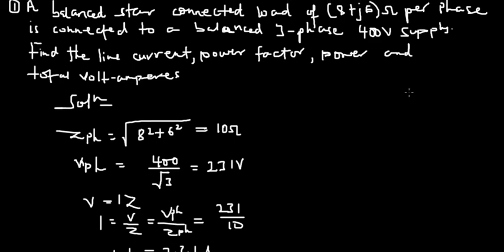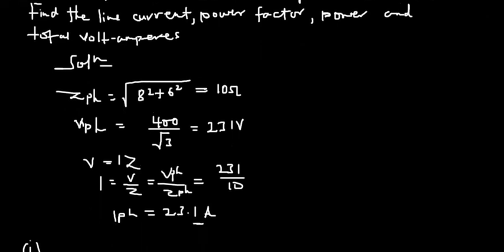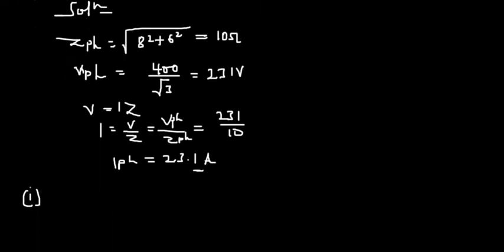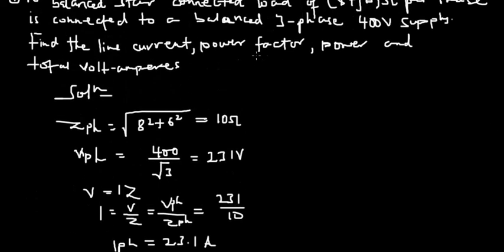Now for a three-phase star connected circuit, in case you've watched my previous video, you will notice that for star connected current, the line current is the same as the phase current. So we have 23.1 amperes.